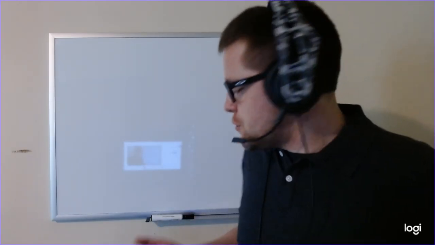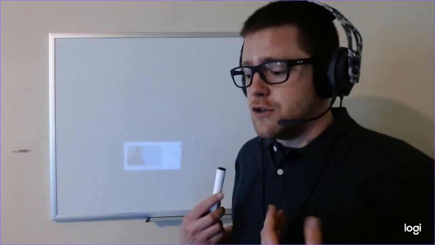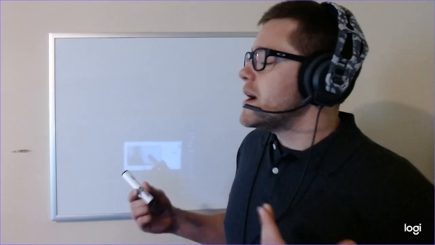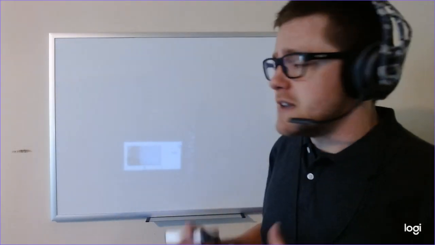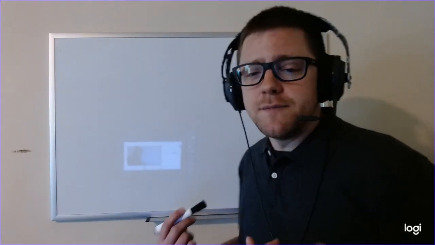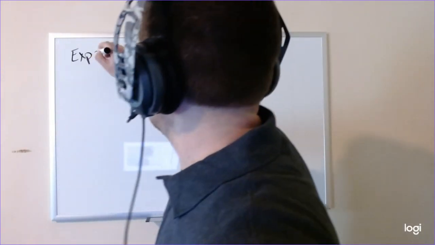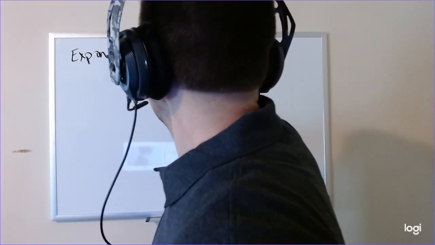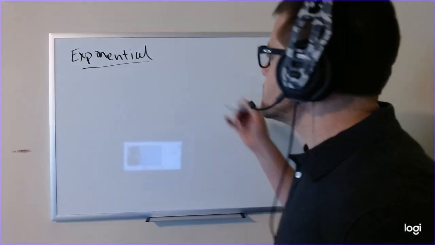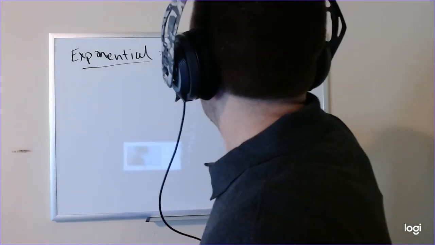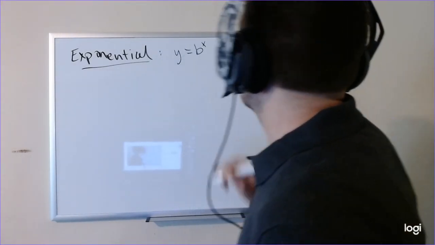Okay, so today we're talking about logarithms, and we've gone over exponential functions, right? So let me remind you what an exponential function is first, because logarithms and exponentials are intimately related. An exponential function is a function of the form y equals b to the x.